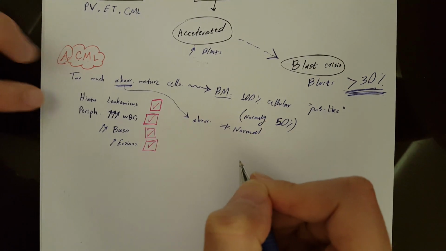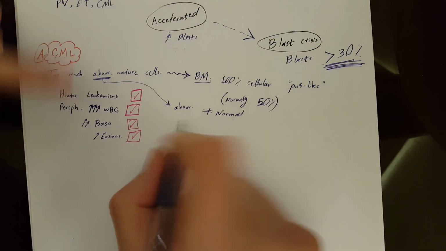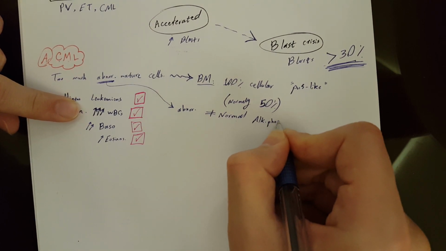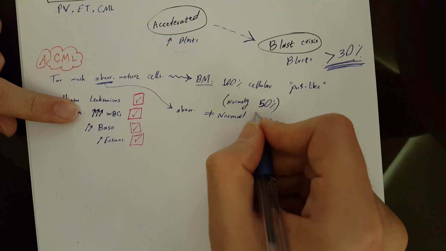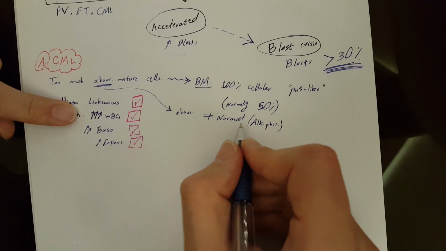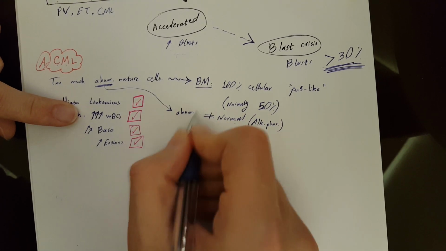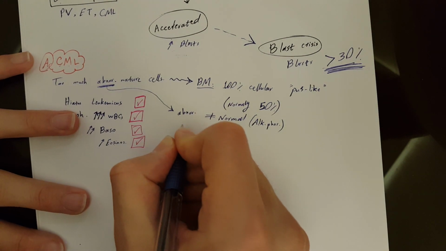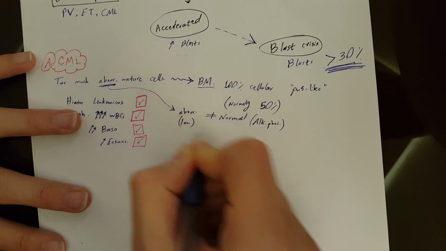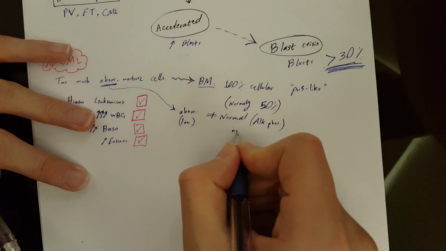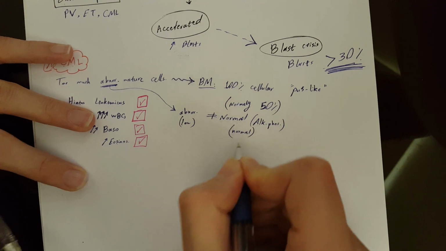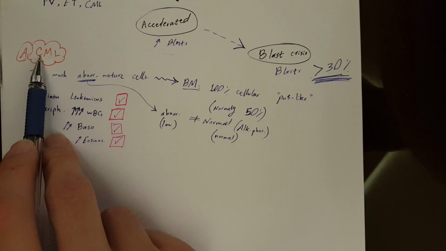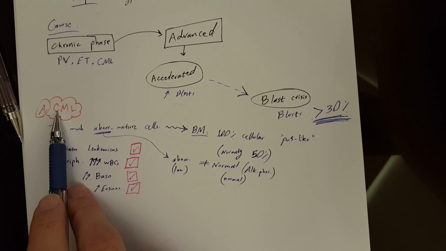Now the normal cells have the alkaline phosphatase enzyme. So in here, the abnormal one, the alkaline phosphatase will be decreased, will be low, while in the other it will be normal. So this is one thing for us to differentiate CML from something called a leukemoid reaction.